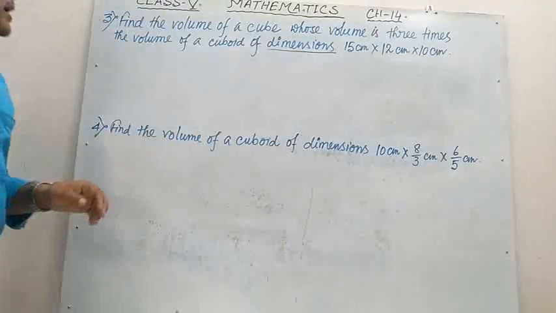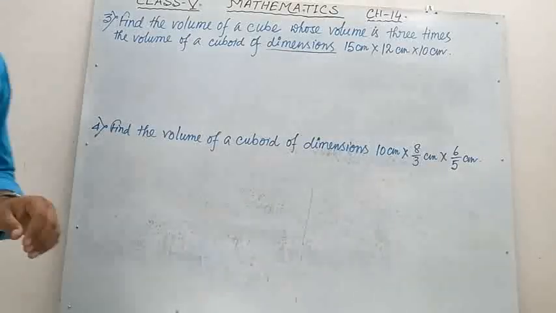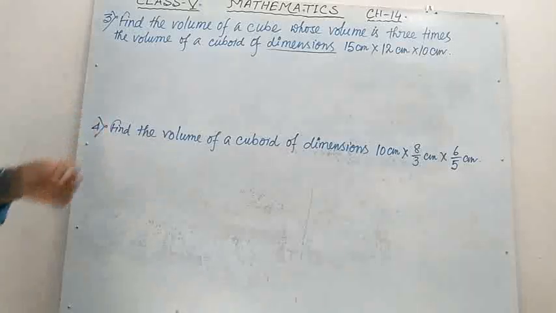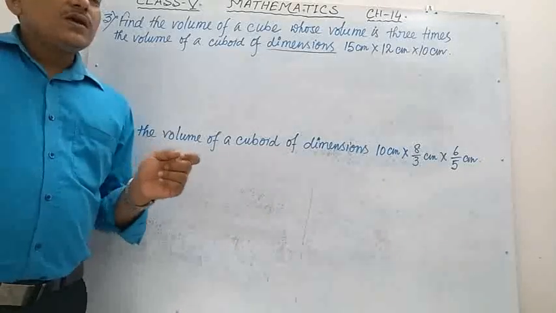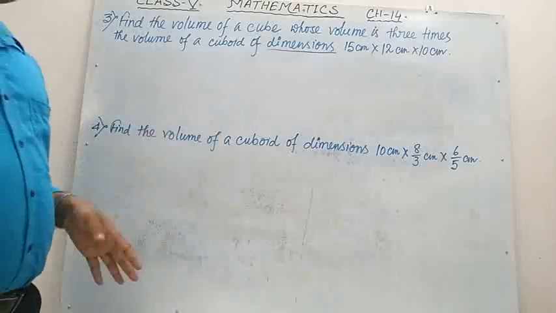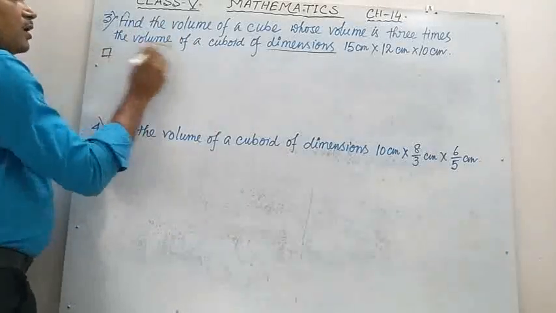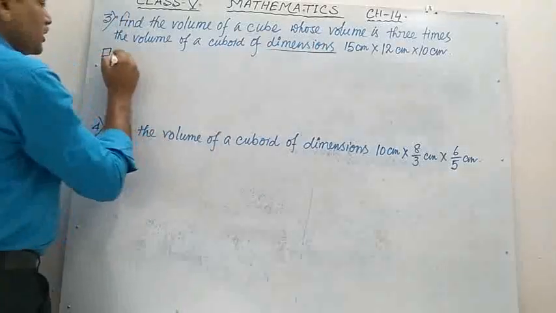So the question is, find the volume of a cube whose volume is 3 times the volume of a cuboid of dimensions 15 centimeter into 12 centimeter into 10 centimeter. So first find the volume of cuboid.